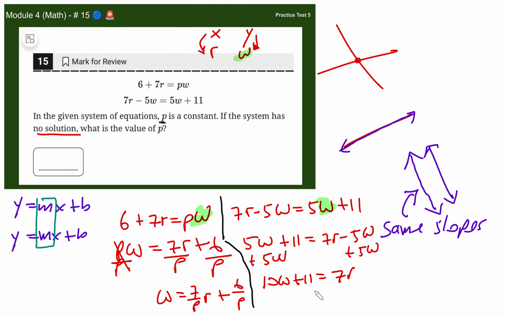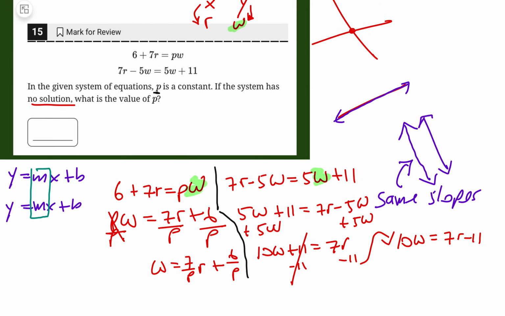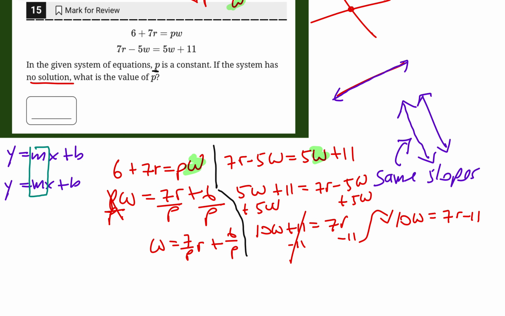So I'm going to subtract 11 from both sides, and we have 10w equals 7r minus 11. Now we basically have our new y equals mx plus b equations. Let me move this up a little bit, and we're going to put them on top of each other.